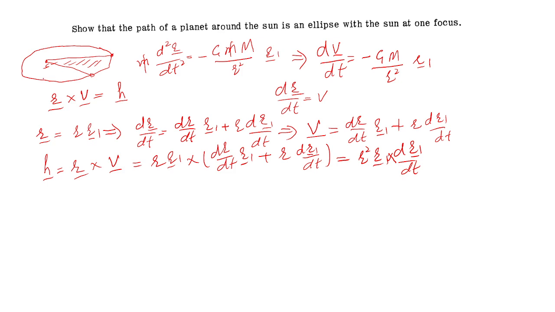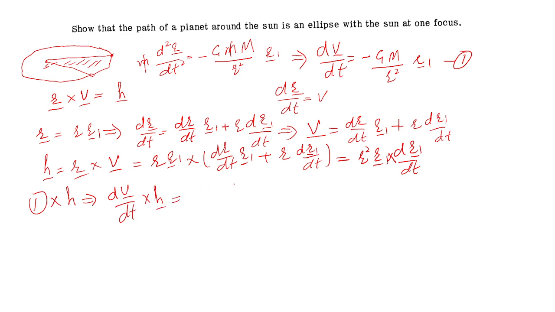Now I multiply this h with, let's say, equation 1. What I am doing is taking the cross product of 1 with h, so that is dv by dt cross h.